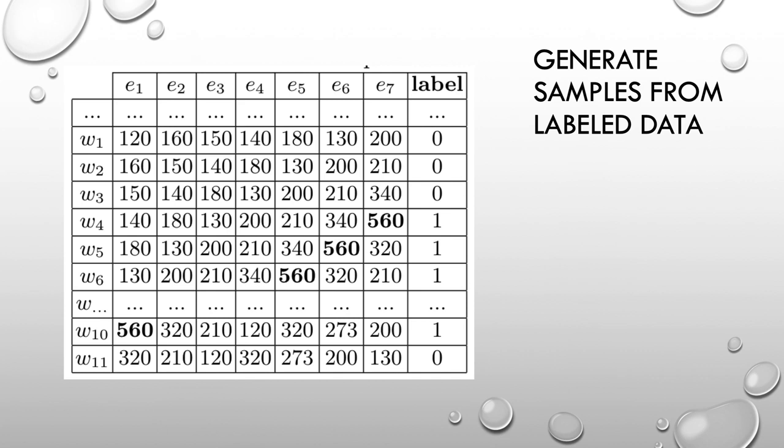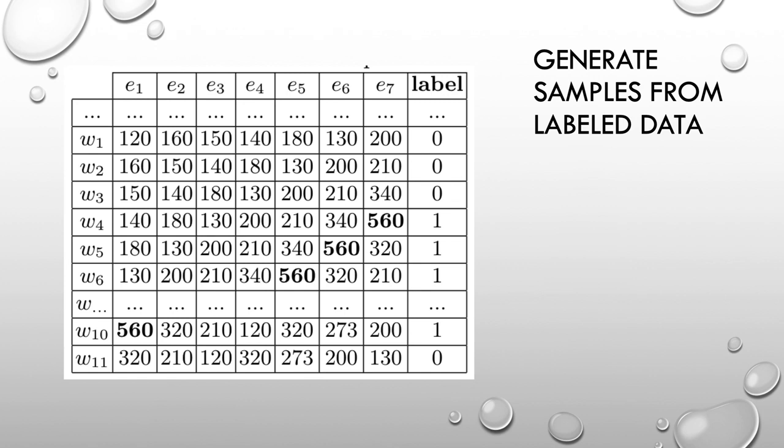0 is used for the cases where the samples do not include a partitioning position, and 1 is used for the cases where they include a partitioning position.